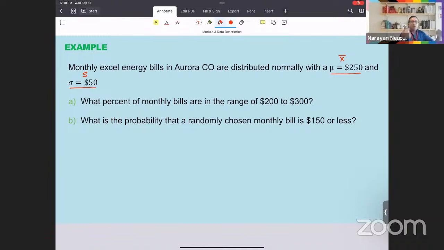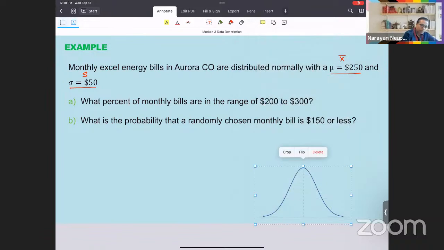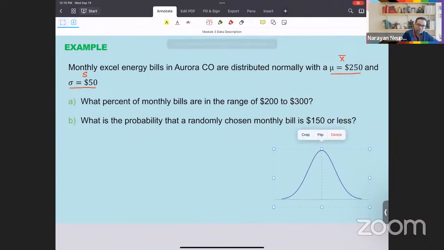So what we can do is sketch that normal distribution. Let's try to draw a normal distribution. Okay, so that is the normal distribution with a mean of 250 and standard deviation 50.